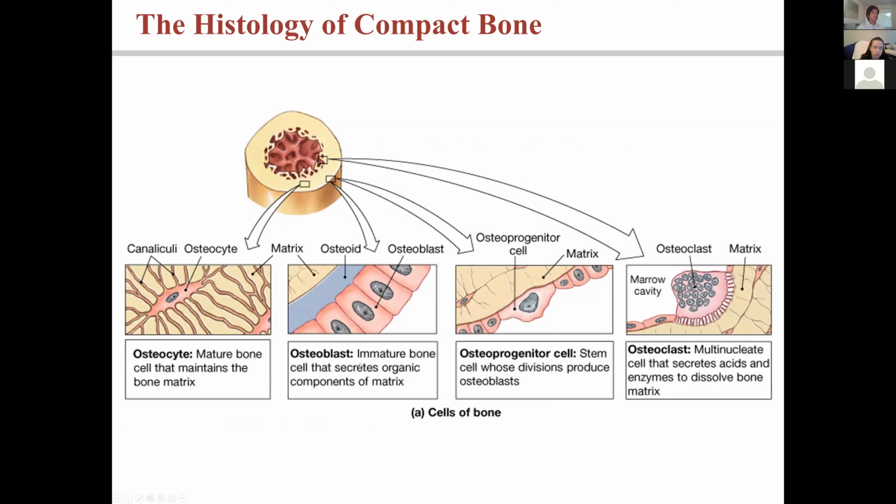Let's start with the osteoprogenitor. So the osteoprogenitor is going to give rise to osteoblasts. You will find the osteoprogenitor present in this interior area facing the medullary cavity here. And you're going to have it also in the outer layer, in the periosteum.